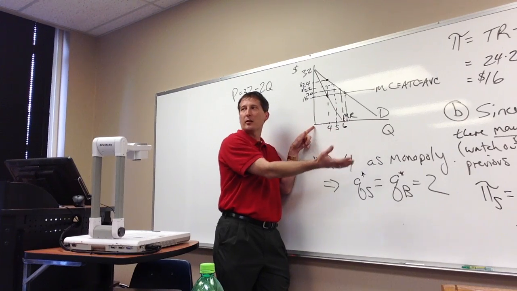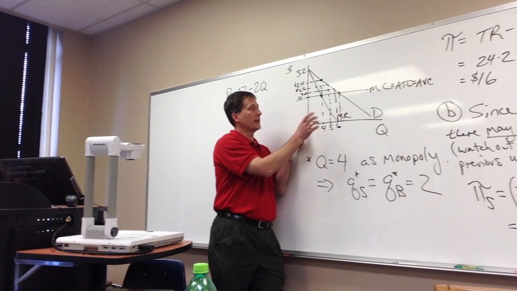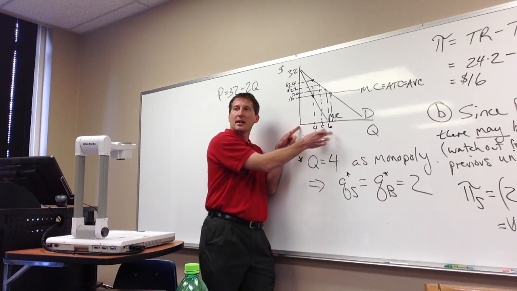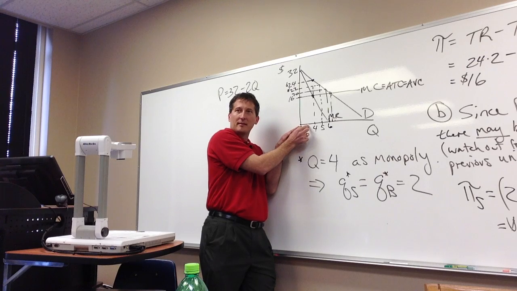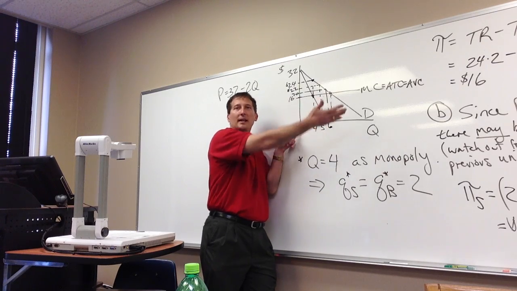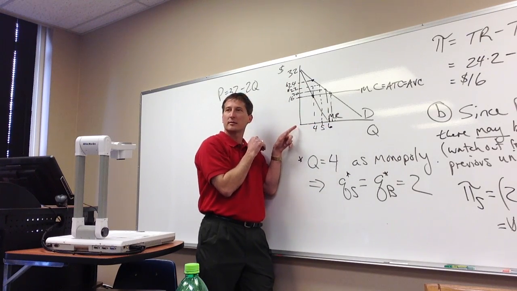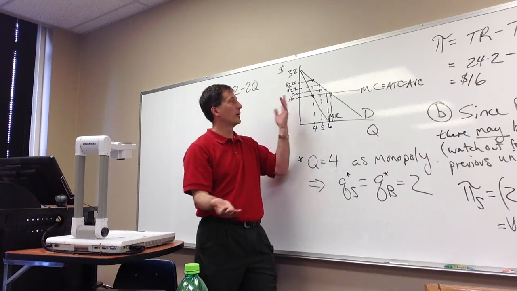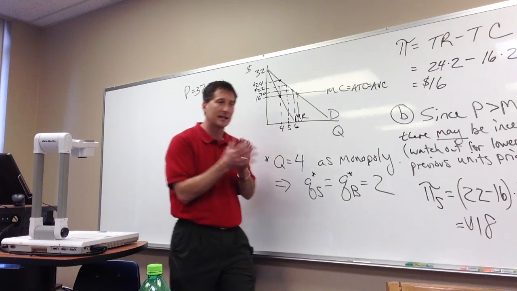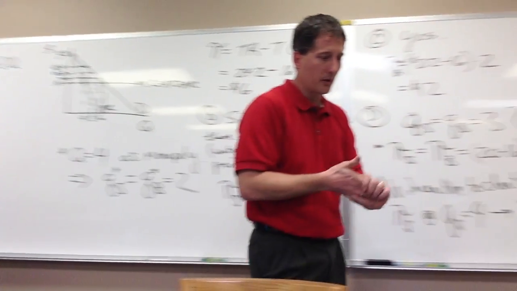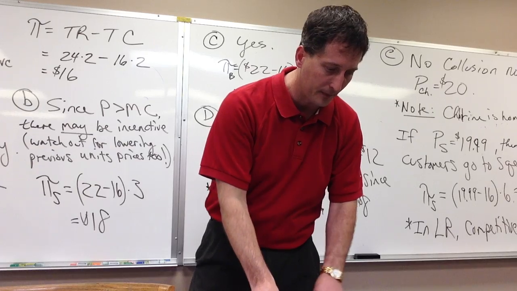He can't supply the whole market anyway. And so then we're almost like in a market segmentation type of scheme. We're going to let him do his little bit at a cheaper price, but then I'm going to catch the rest of the market at the higher price, right? Now, in the long run, maybe that guy can scale up production and there'd be problems with that. But that's the idea of what's going on in the Cournot model.